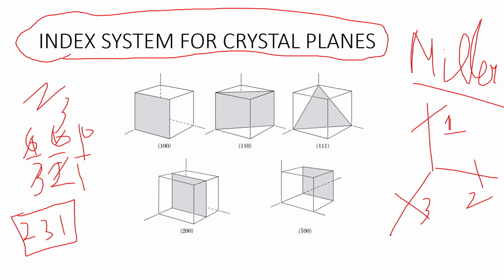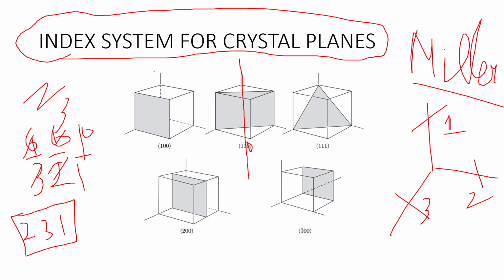Here we can see some simple things. 1 0 0 is the Miller indices for this plane. 1 1 0 is for this plane. That means the zero indicates there is no cut on this axis, this vertical axis. The plane is only intersecting two axes and is not intersecting the third axis.